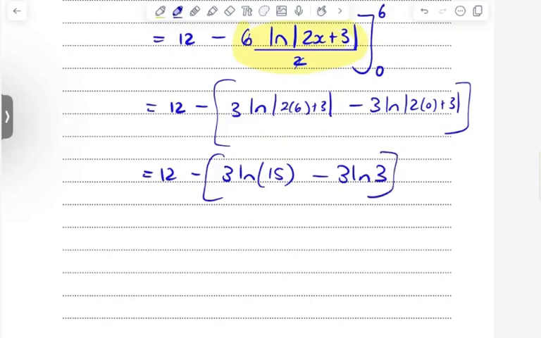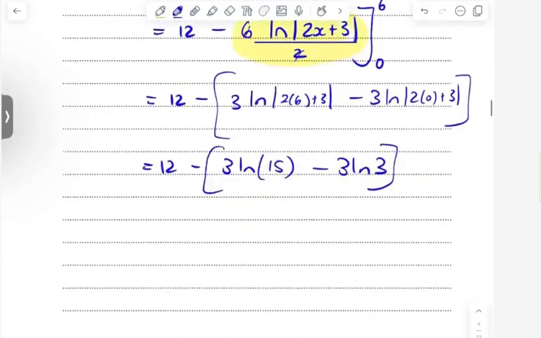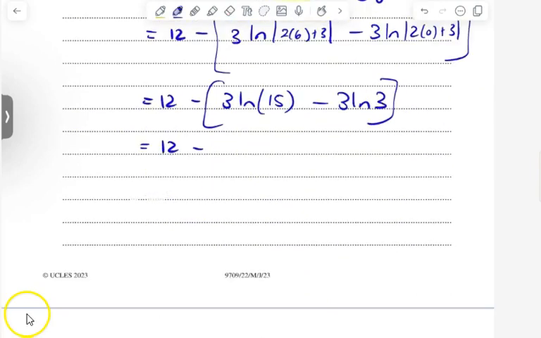Just note that they asked us to give our answer in this format, A minus ln B. So we want to keep our lns. We don't want to plug this into our calculator. I'm going to use my ln or log laws, so I'm going to take my exponents up.